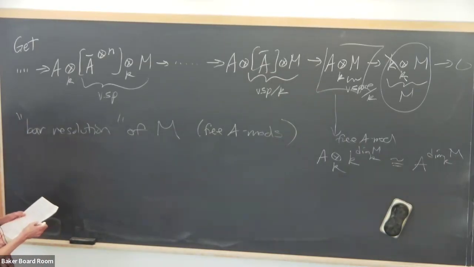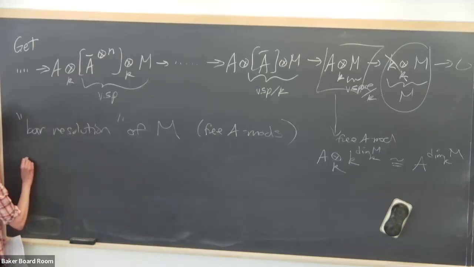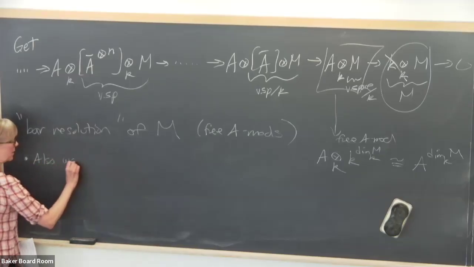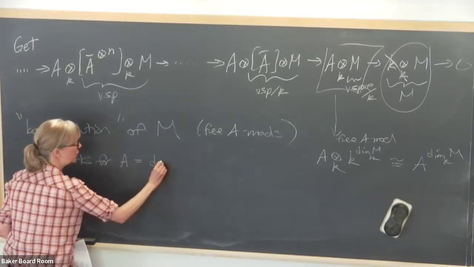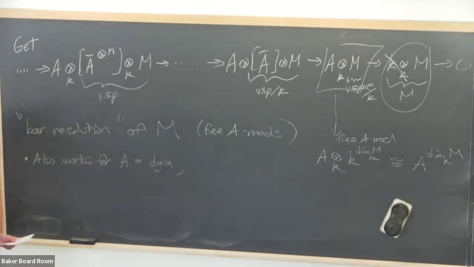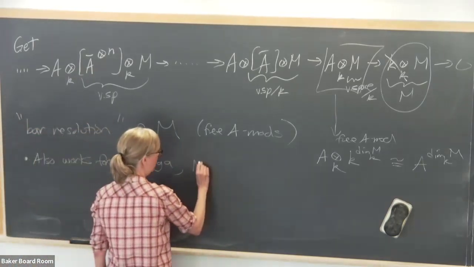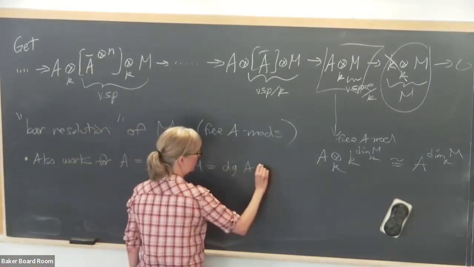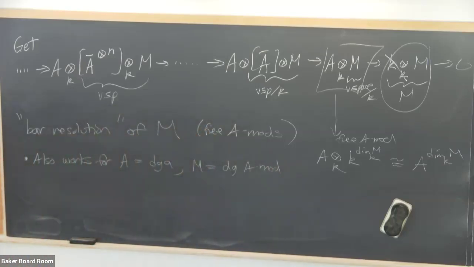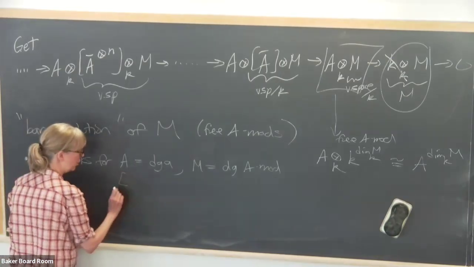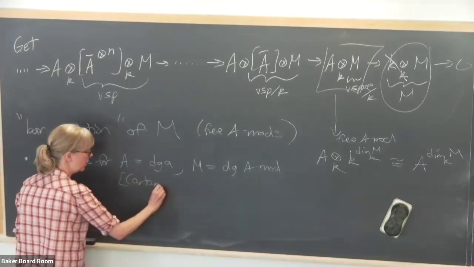What else I wanted to say was, this was used for years in many places. It also works more generally for A equal to a DG algebra, which I will define later in the talk, and M a DGA module. Then you're resolving this DGA module M. So this probably first occurred in Cartan's seminar.